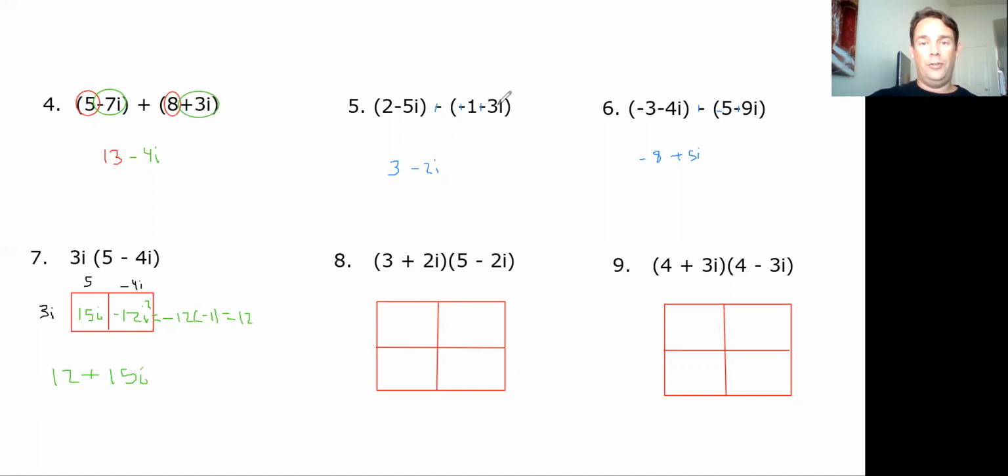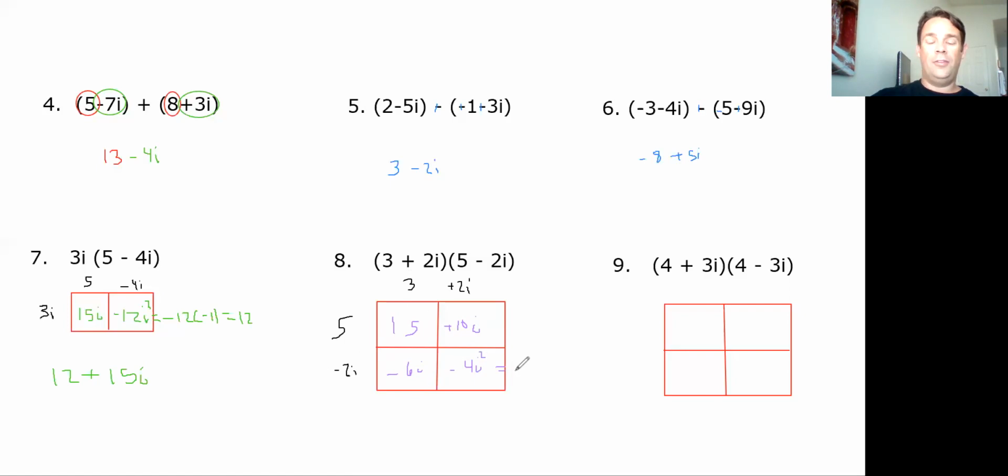All right, let's see what you got on this one here. We got a 3, a positive 2i. We have a 5, minus 2i. We are going to end up with 15, a positive 10i, negative 6i, and minus 4i squared.